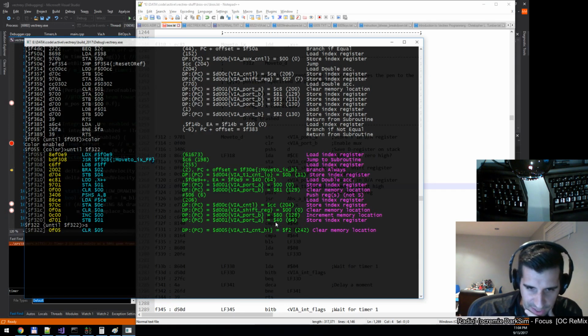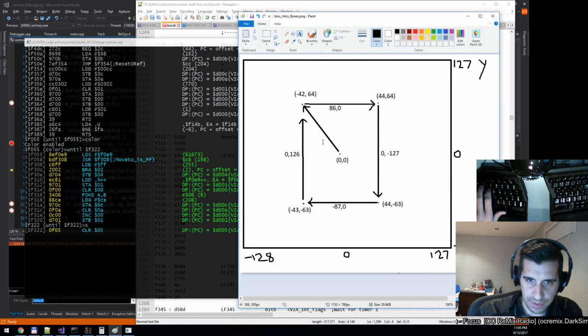See, what I don't understand is here we did store B, where is it? Load A, CE, store A, 0C, clear, store B. So the B here, there. So this load D x++ should have loaded into D the initial values we wanted to move, which should have been minus 64, minus 42 in decimal.